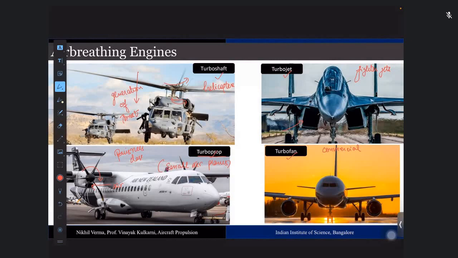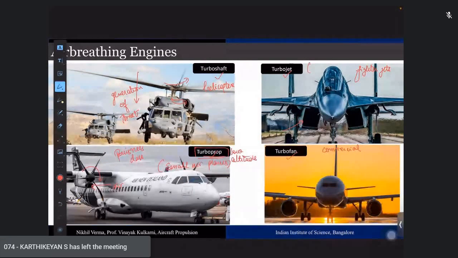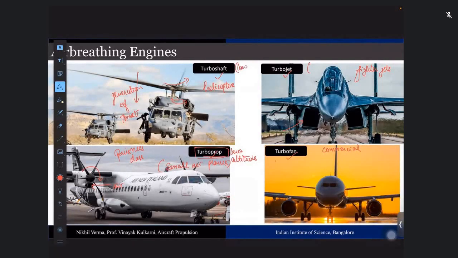One very important point about the turboprop engine is that it cruises at a very low altitude, whereas turbojet, turbofan, and turboshaft also cruise at low altitudes, whereas the turbojet and turbofan can cruise at a very high altitude.